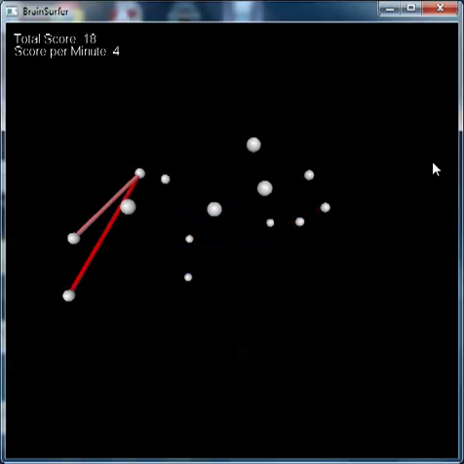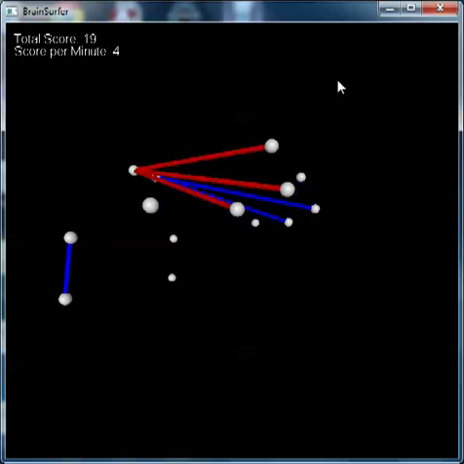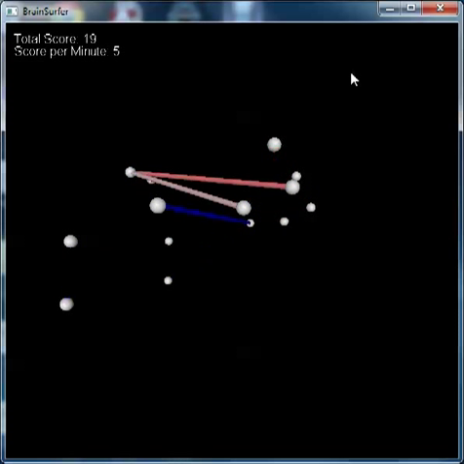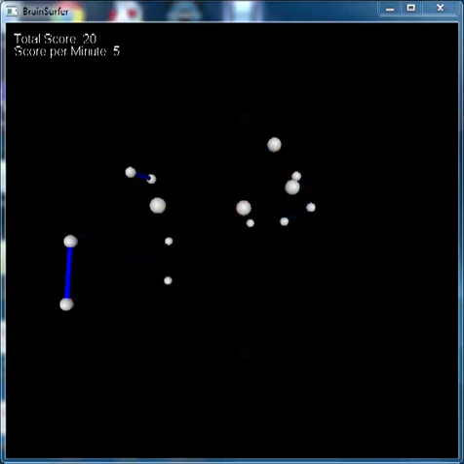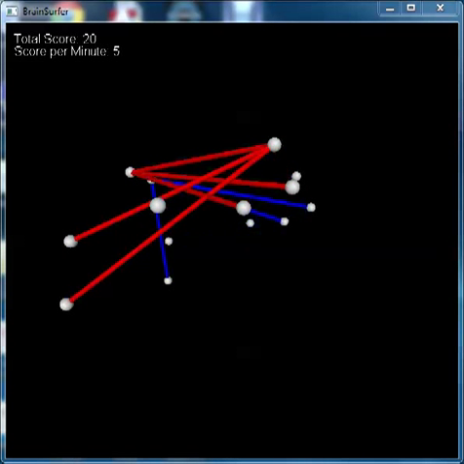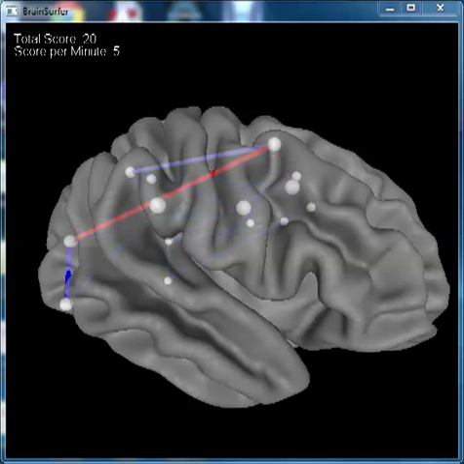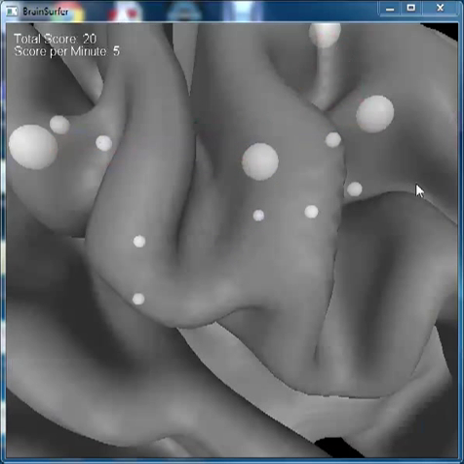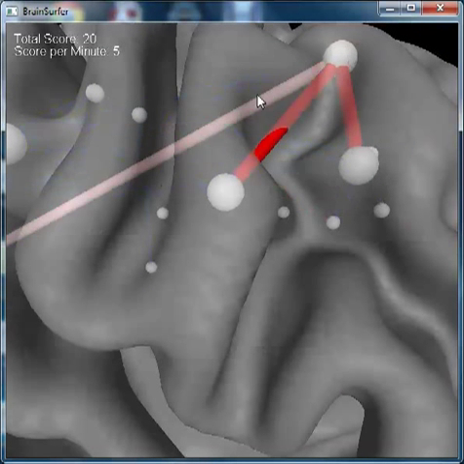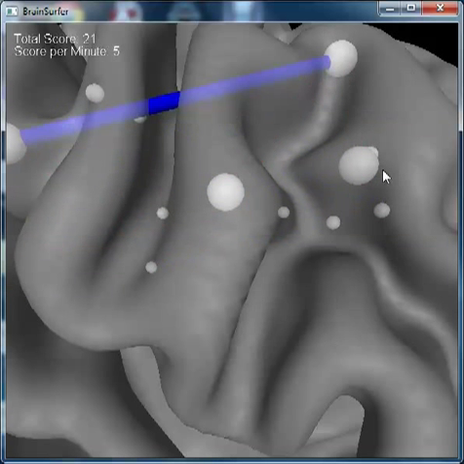Whenever it's blue or green, that means it's dysregulated or deviant from normal. Blue means hypocoherence. It's a type of disconnection, and red is hypercoherence, which is often related to reduced efficiency and speed of information processing. We're going to now bring the brain back to a more visible state, and we're going to zoom in to look at these connections a little bit more, because what we want to do is biofeedback on these regions.